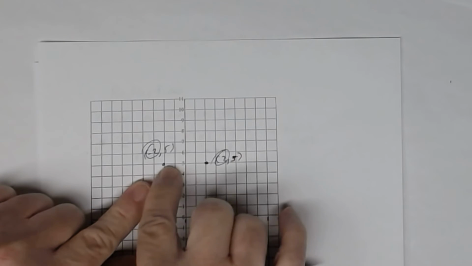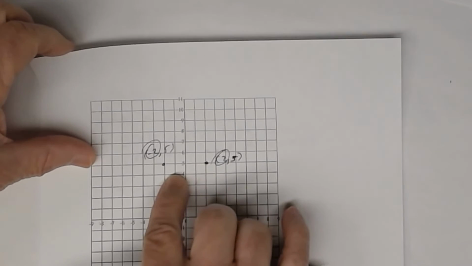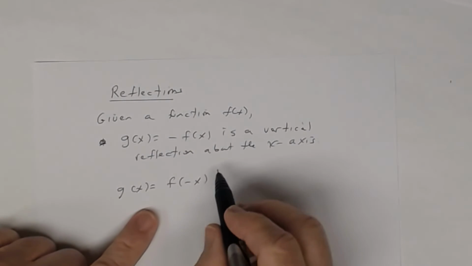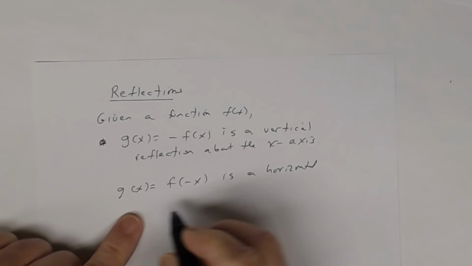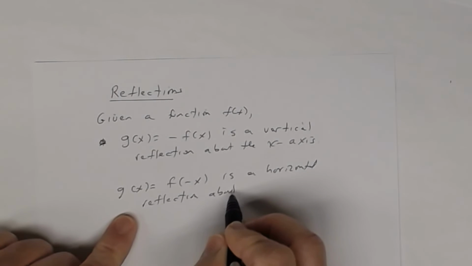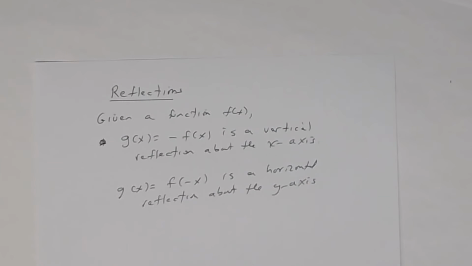So that's a horizontal reflection. So g of x equal f of negative x is a horizontal reflection about the y-axis.